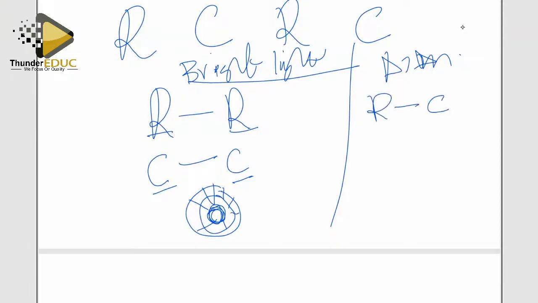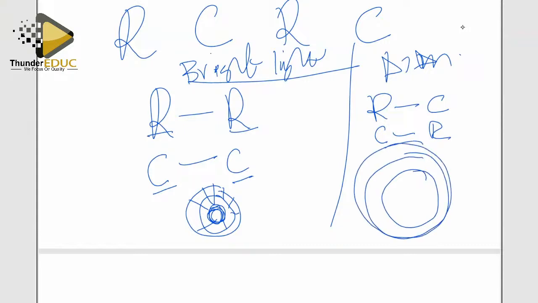R will go with C, while C will go with R. Because it's dim, I will open my eyes so that I'm able to see clearly. So it means that in dim light, the pupil dilates, while in bright light, the pupil will constrict.